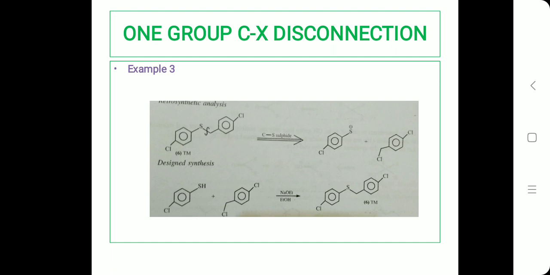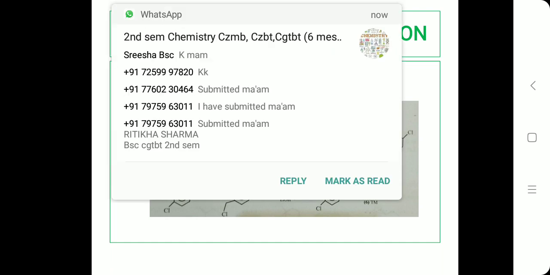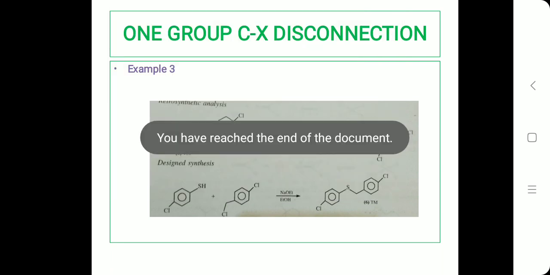So design synthesis would be reacting the two starting materials in presence of a base to give rise to the target molecule. So all these mechanisms are with respect to SN2 mechanism. That's why we are going to write down a suitable base like NaOH or NaOEt for the synthesis, so that we are going to get the desired target molecule. Thank you very much.